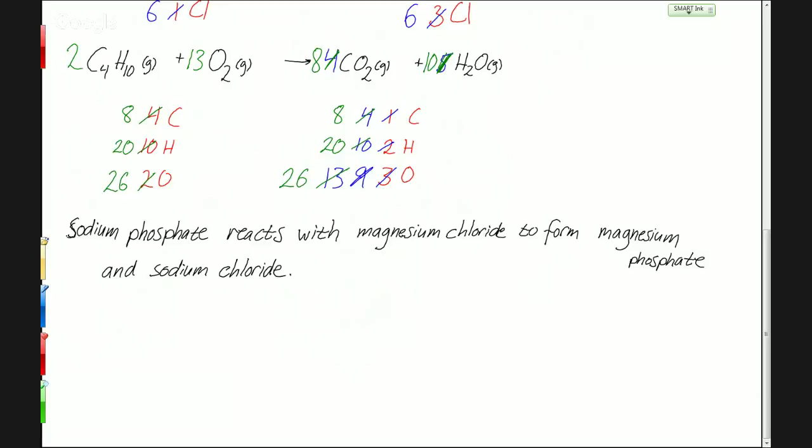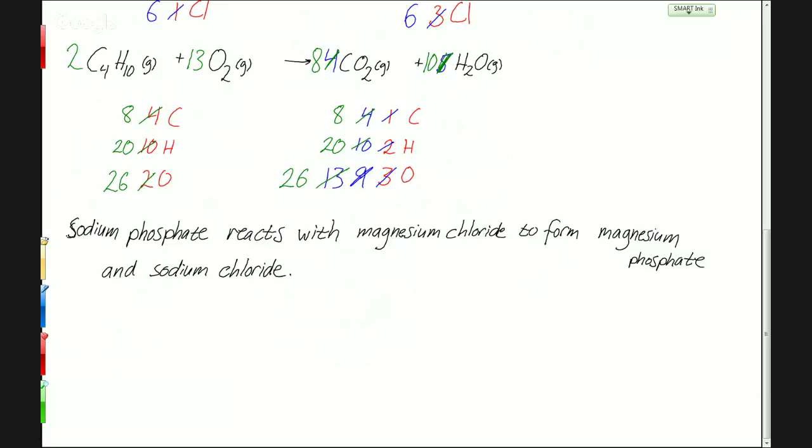First question then is, which go on which side? How do we know what goes on the left or what goes on the right? Any thoughts for this particular one? Sodium phosphate, magnesium chloride. Yeah, how did you know that? This really reacts with.